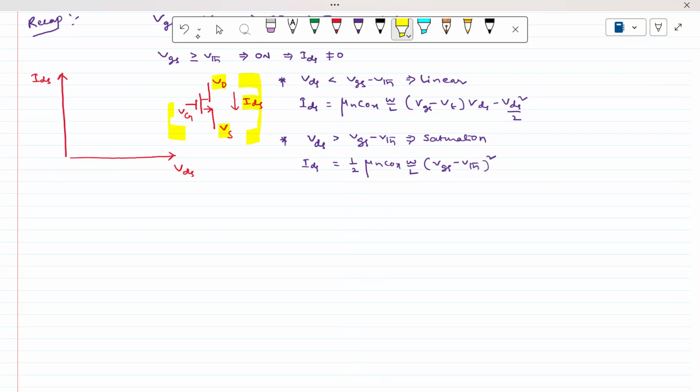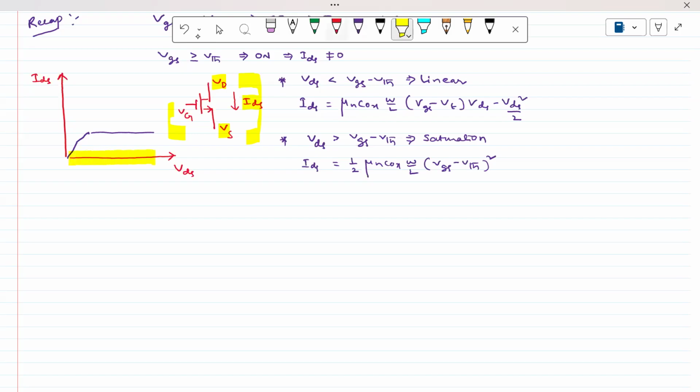Now this characteristic is something like this. There is a linear relationship, and after that it goes constant. This kind of behavior can be seen provided the VGS value is greater than the threshold voltage. If it is less than the threshold voltage, we simply say that the IDS value is equal to 0.